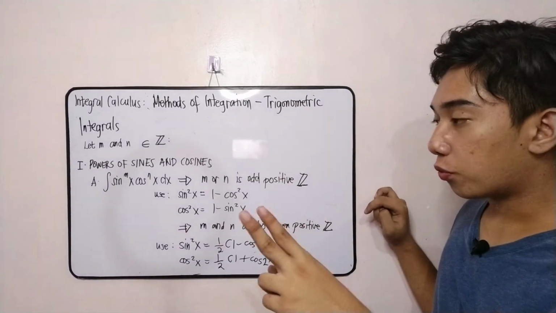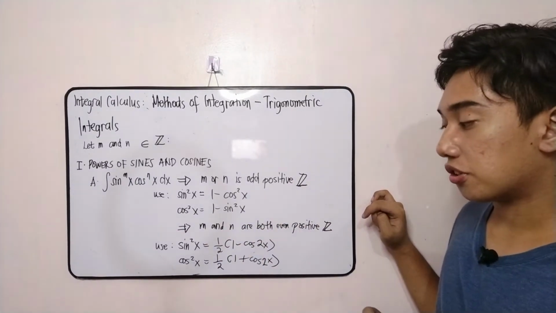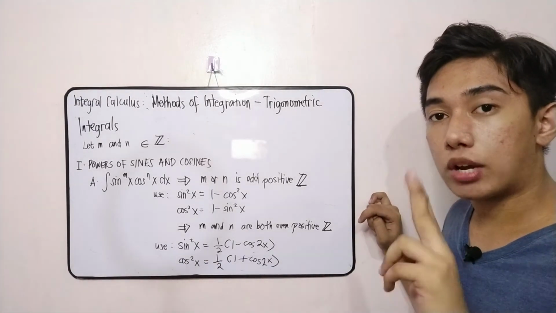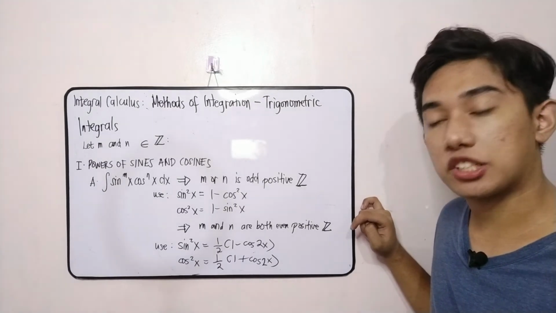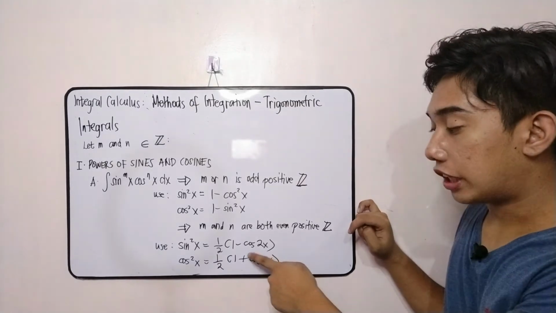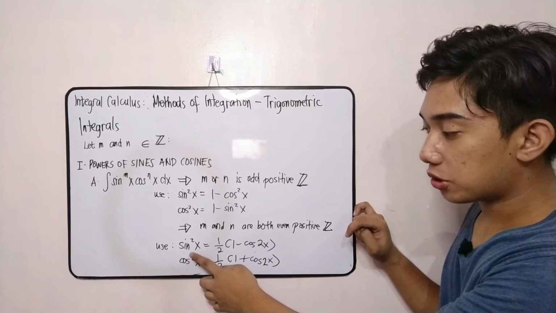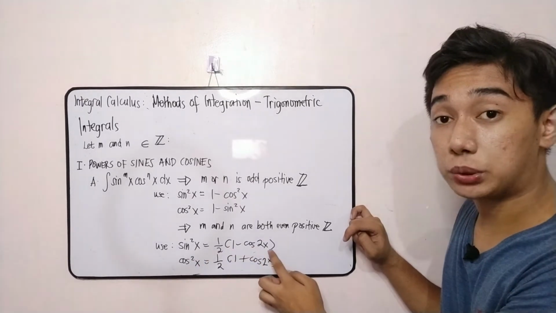For the second case, what if m and n are both positive even integers? Then we have our double angle identities. If you recall your pre-calculus class, you have these double angle identities. Particularly, we use the cosine double angle. So, sine squared x is equal to 1/2 times quantity 1 minus cosine 2x.